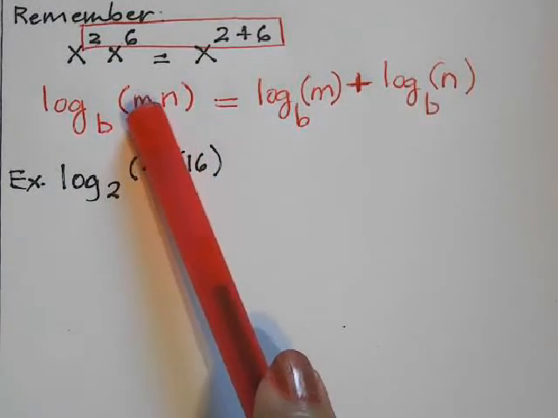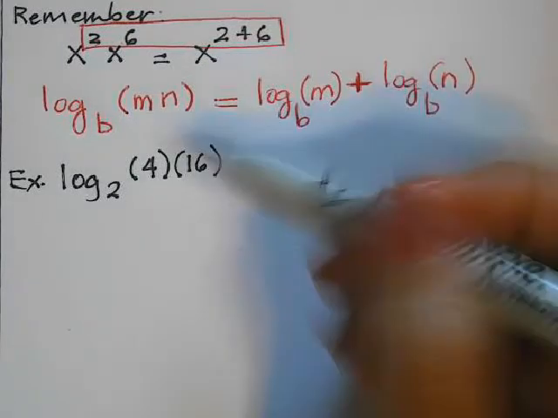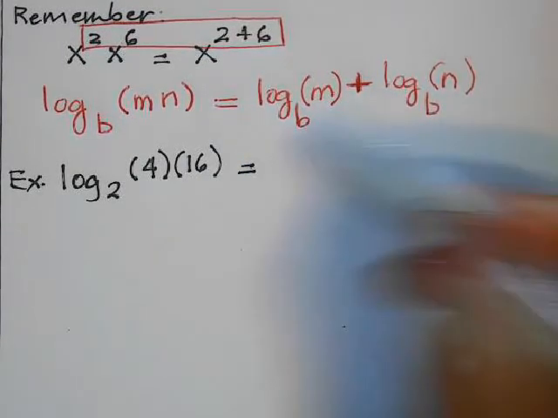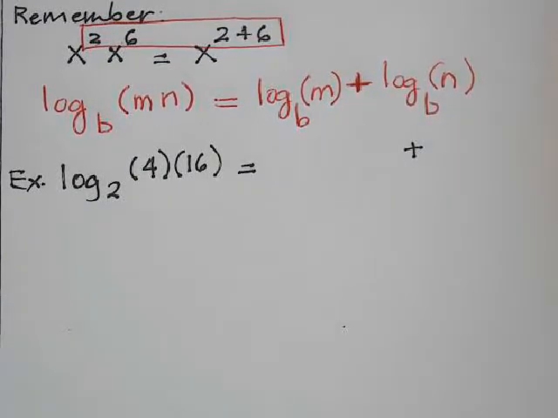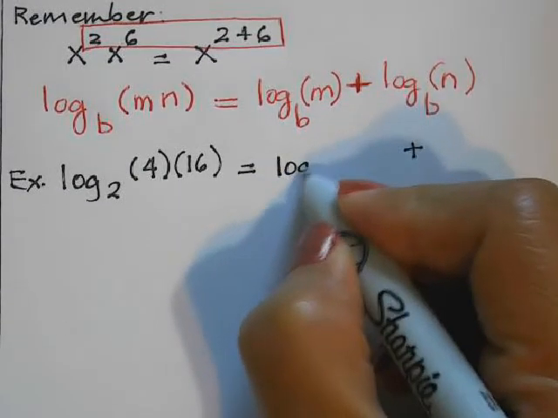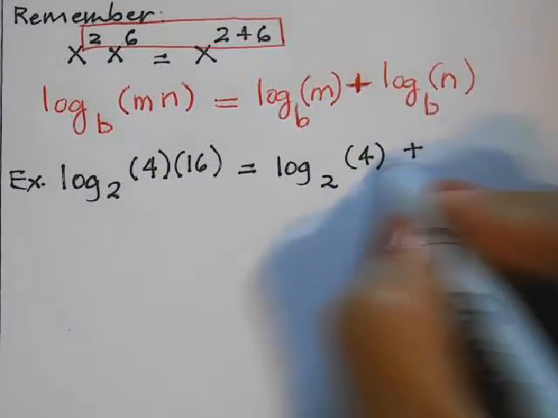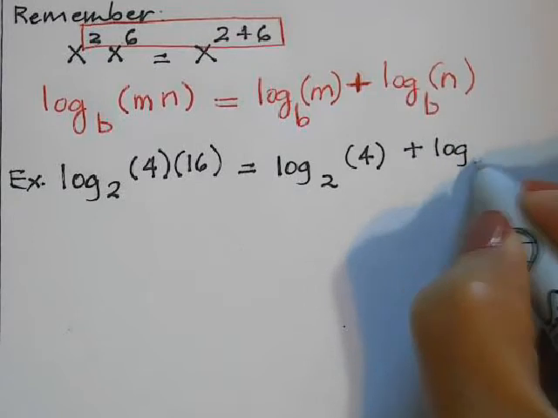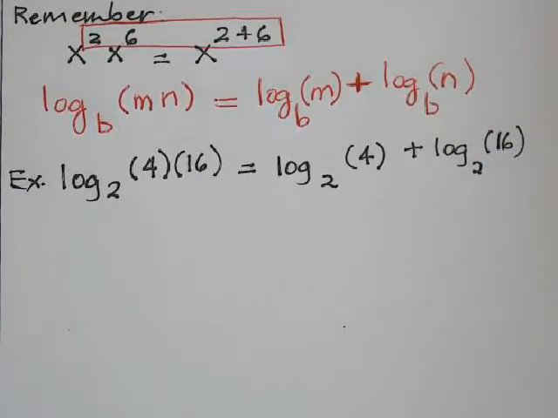So this is 4 times 16, m times n. According to this rule, we're going to expand it as a sum: log base 2 of 4 plus log base 2 of 16. That's how you expand it.